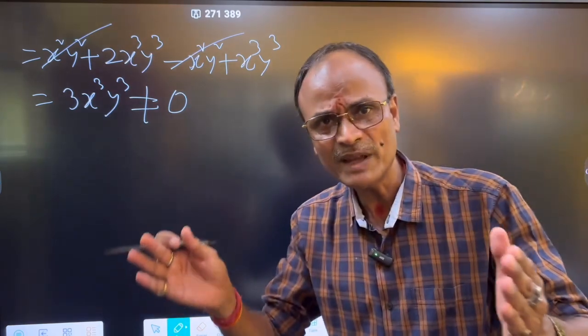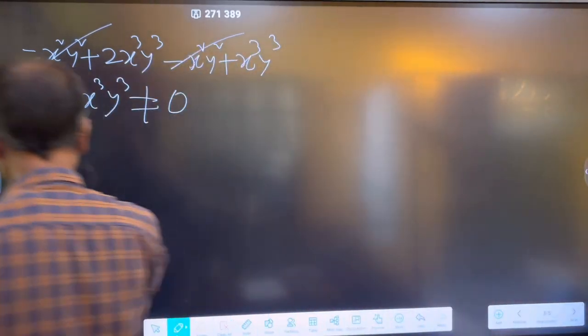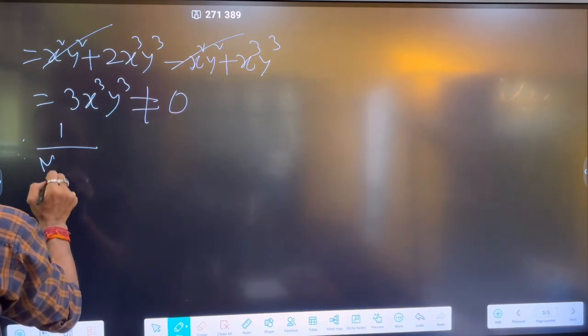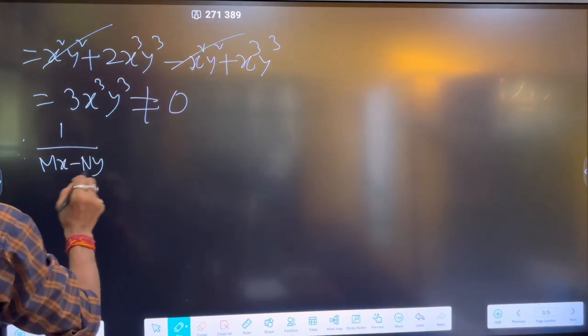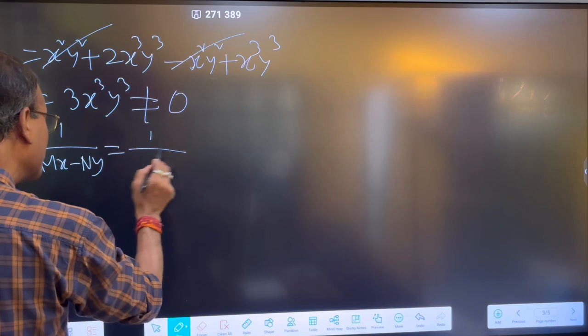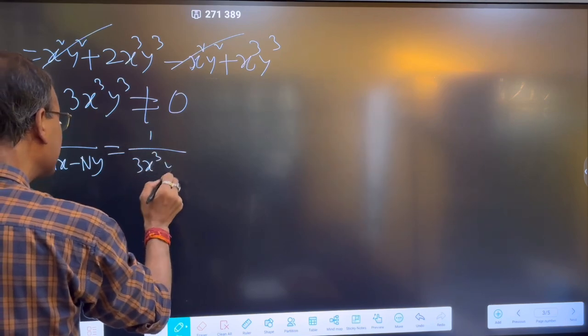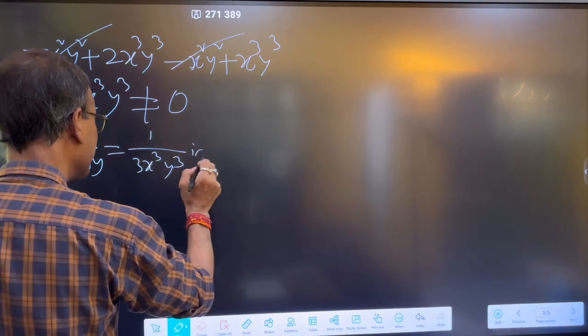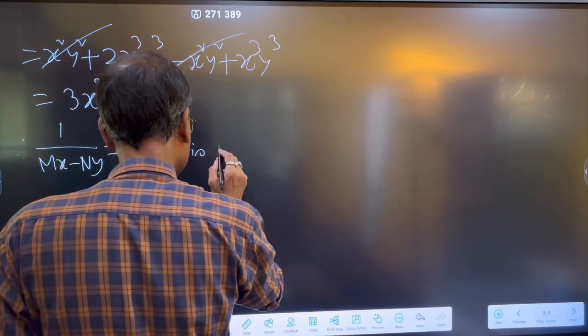Therefore, 1 by mx minus ny, which is equal to 1 by thrice x cube y cube, is the integrating factor.